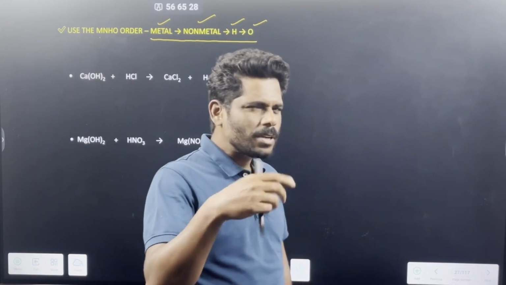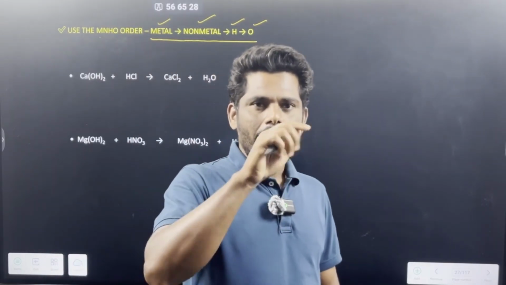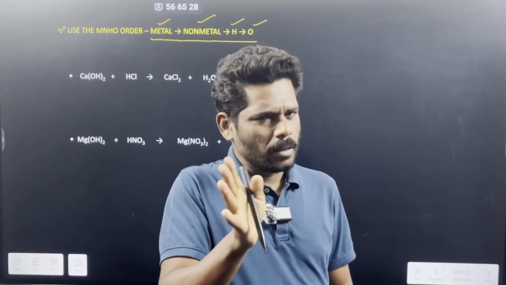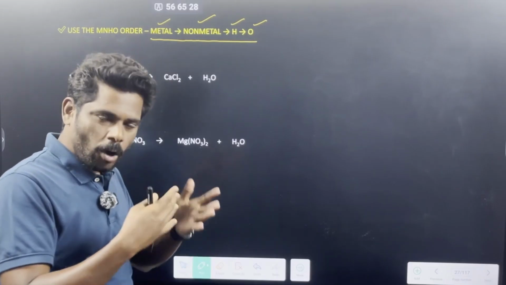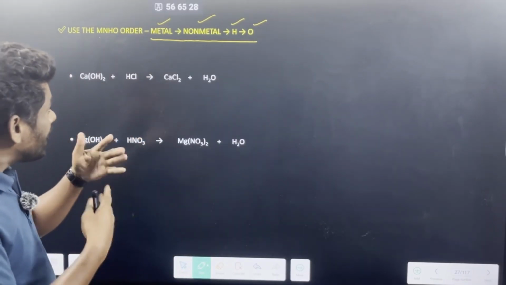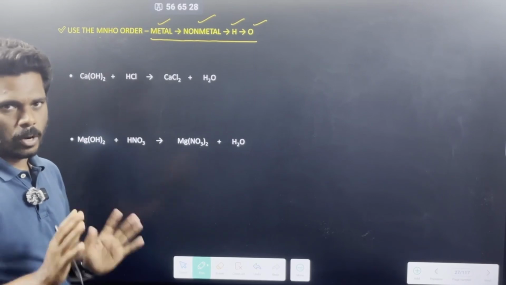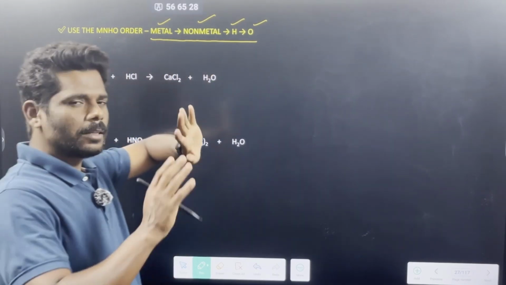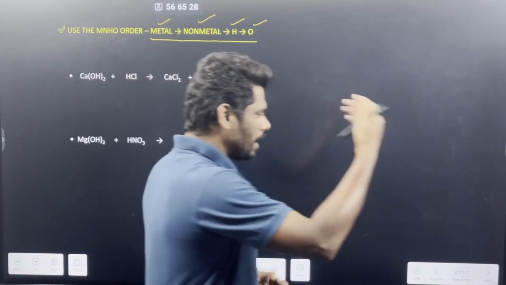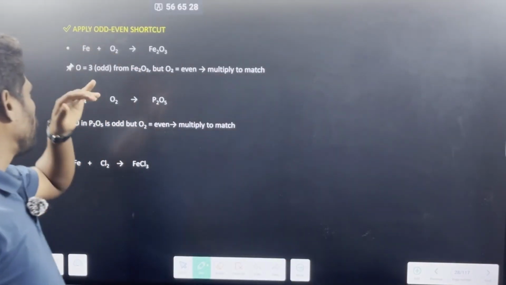Because in most of the equations, oxygen will be a diatomic molecule somewhere, either on the reactant side or the product side. So sometimes when you balance metals and non-metals, hydrogen and oxygen atoms automatically get balanced, sometimes, not always. So start with metals, then non-metals, then hydrogen, and at the end oxygen. You can try these equations on the board.